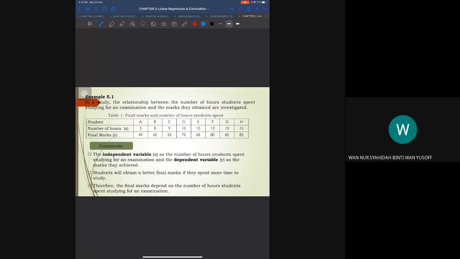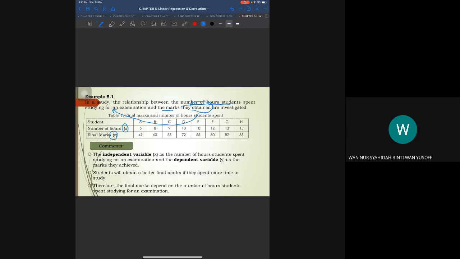For this example, the relationship between the number of hours students spend studying for an examination and the mark they obtain. This means that the mark obtained comes after they study. That is why the number of hours here is x and the mark they obtain is y. Students will obtain a better final mark if they spend more time studying.